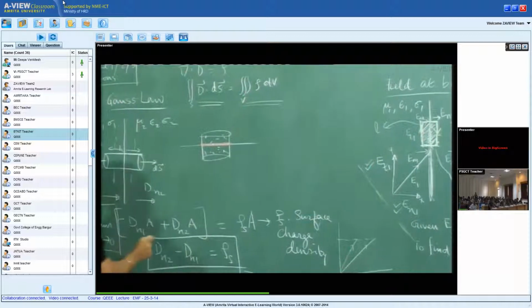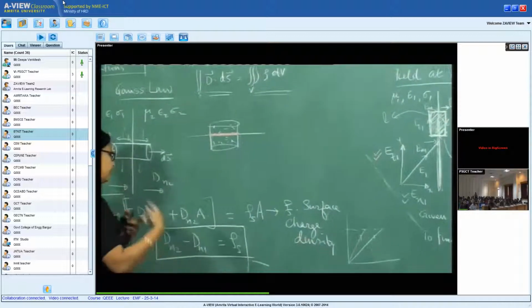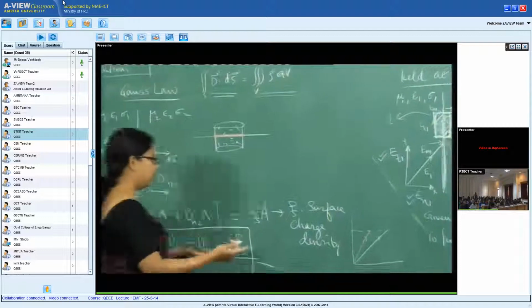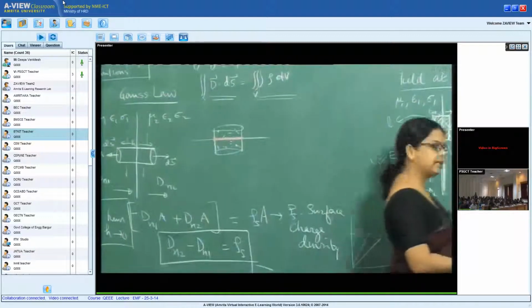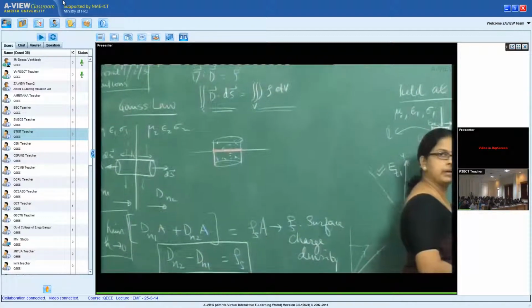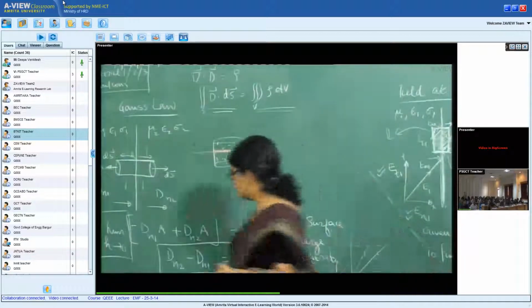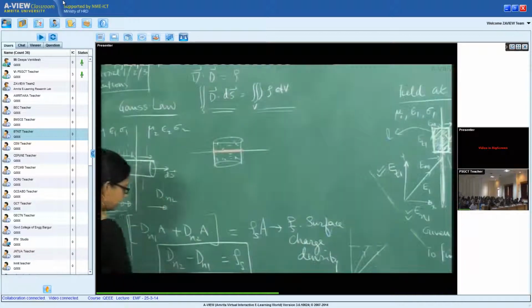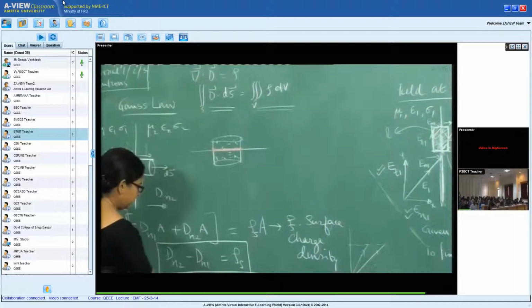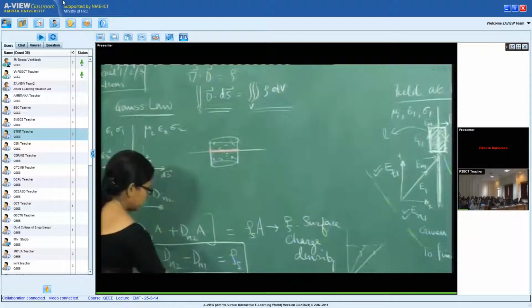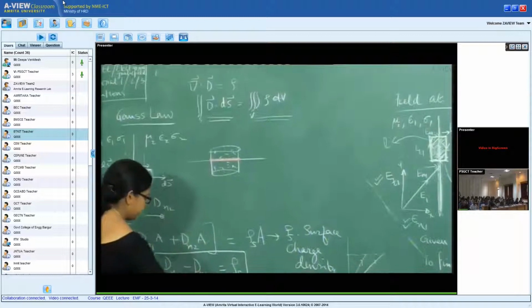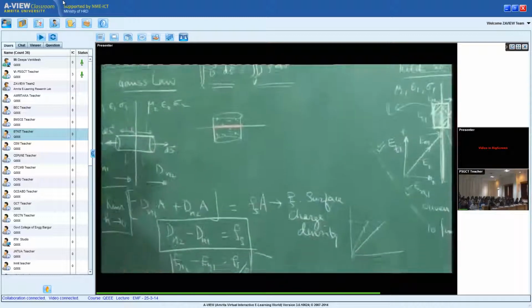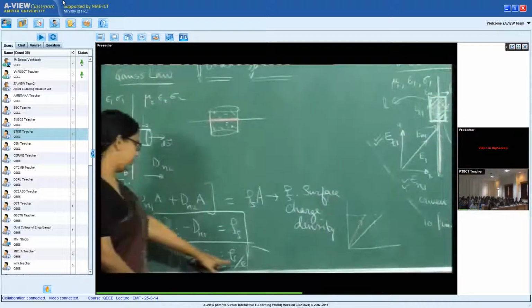Which means if I were to write in terms of E, because my original motivation was to write in terms of E, then it is EN2 minus EN1 equal to rho s by epsilon. Well, there is a problem here.